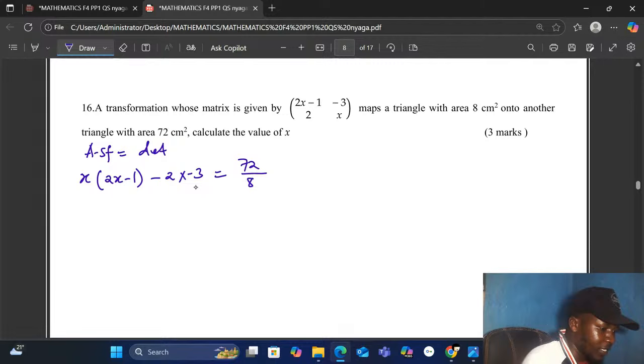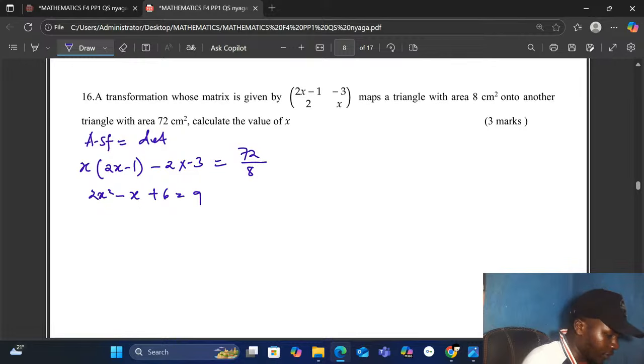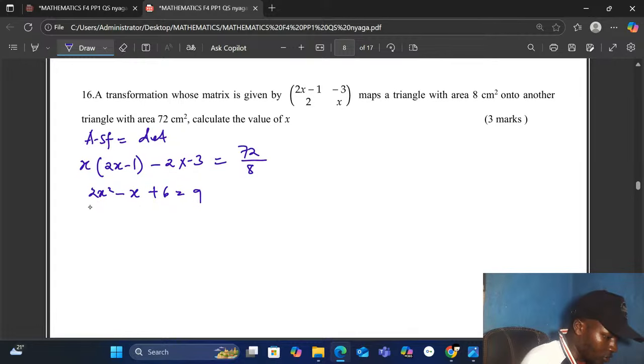So determinant is equal to area scale factor, which is 72 divided by 8, we get 9. So 2x minus 1 times x, then minus 2 times negative 3, which is positive 6, equals 9. So we're going to have a quadratic equation. So we have 2x squared minus x, then plus 6 minus 9 equals 0.